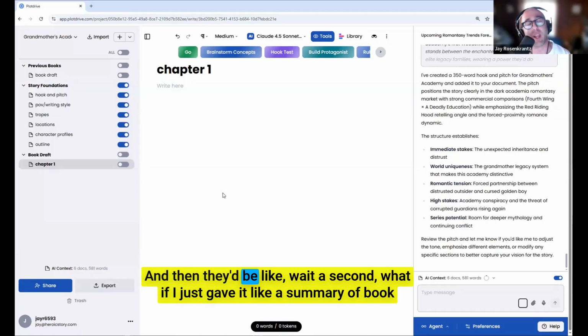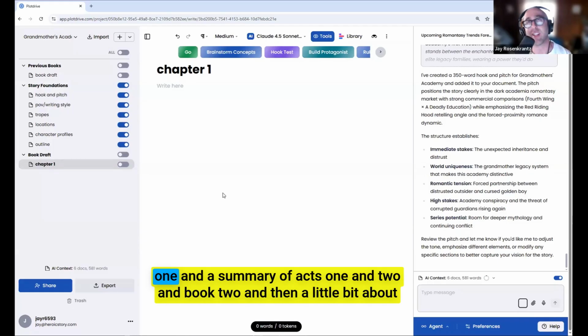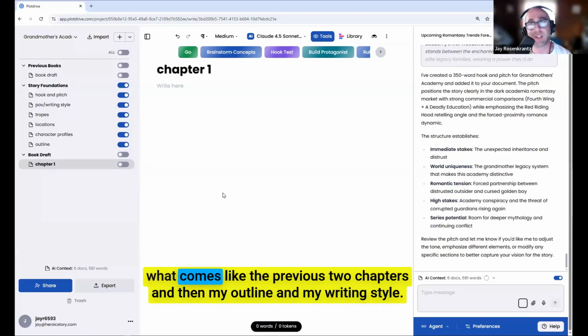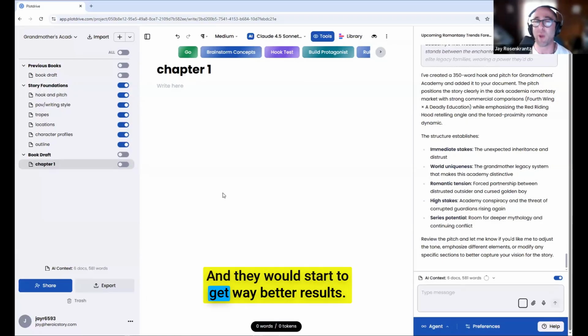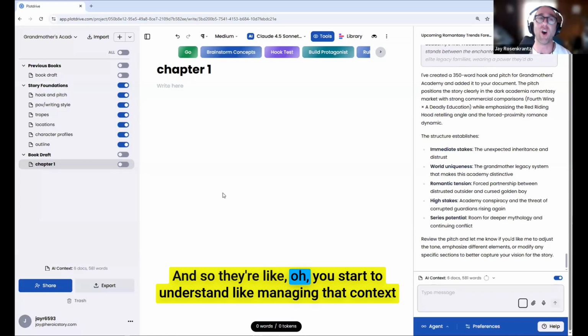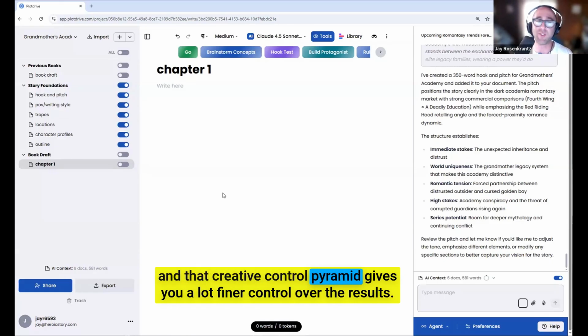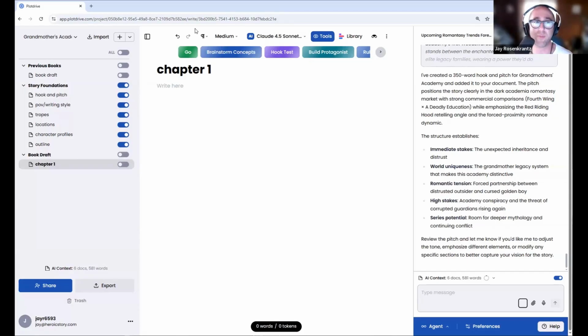Then they'd think, wait a second, what if I just gave it a summary of book 1 and a summary of acts 1 and 2 in book 2, and a little bit about the previous 2 chapters, and then my outline and my writing style? Let me try that. And they would start to get way better results. They start to understand that managing that context and that creative control pyramid gives you a lot finer control over the results.